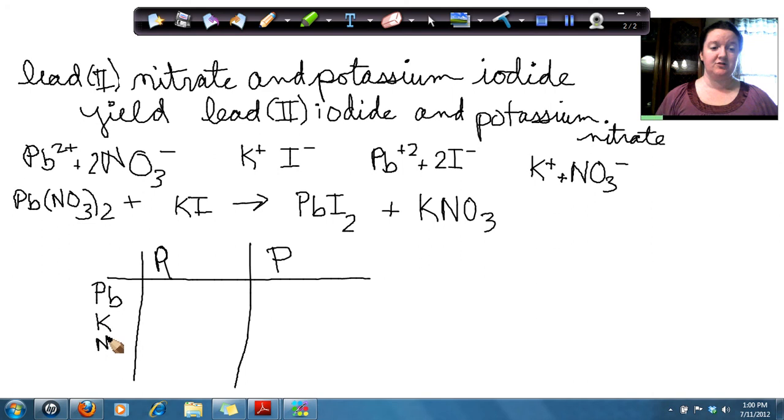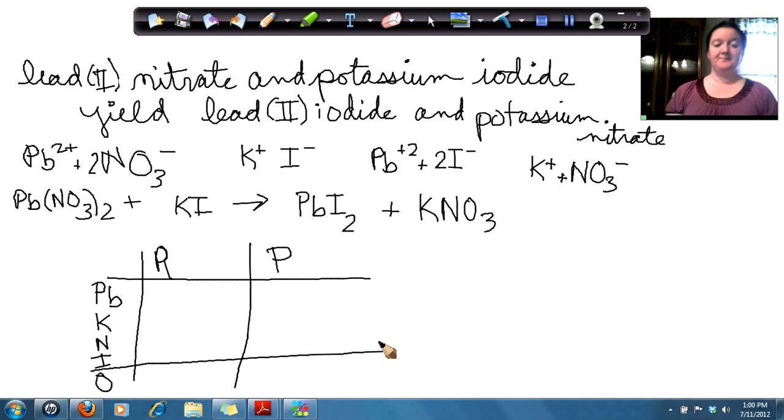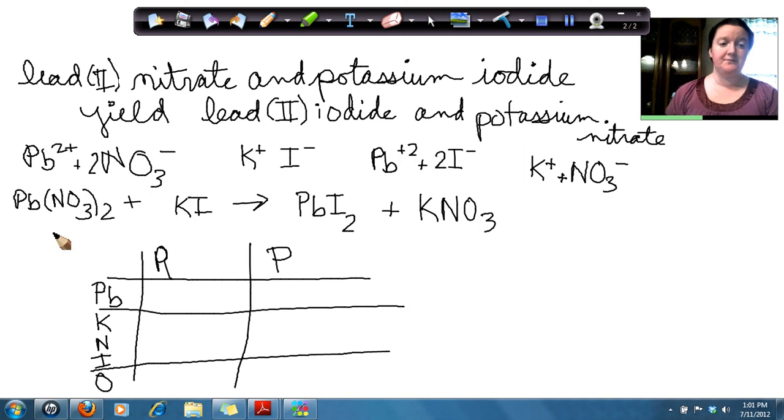And I have nitrogen, and my iodide, and my oxygen, because each of those are different elements. So if I look at lead, right now I have one lead on that side, I have one lead on this side, those are balanced. Great. Now let's look at our potassium. On this side I have one potassium, on that side I have one potassium.